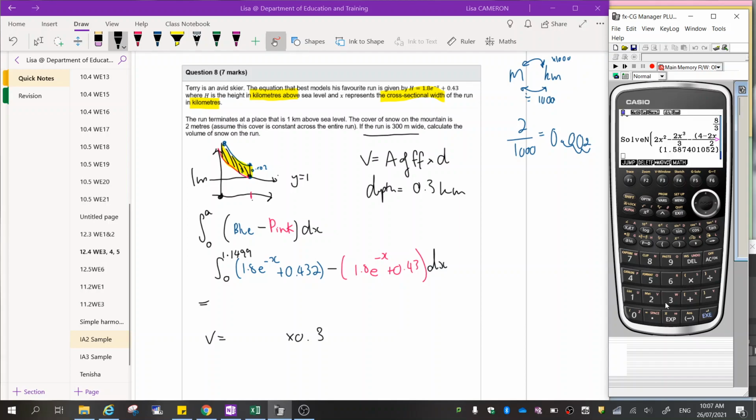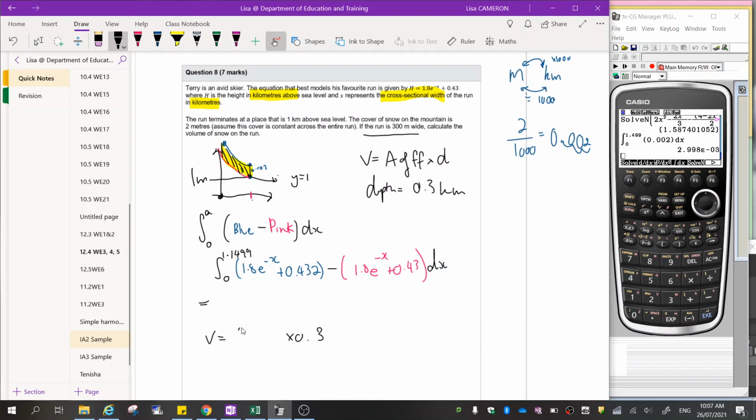Okay, so here we go. Option, calc, integral. When you do this subtraction, you're just left with 0.002. Close my bracket. Between 0 and 1.1499. Execute.